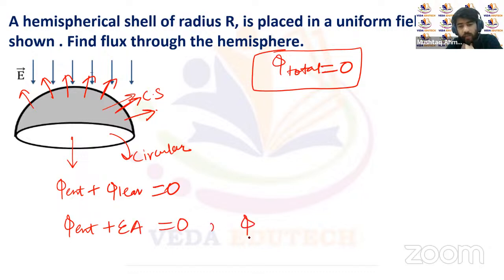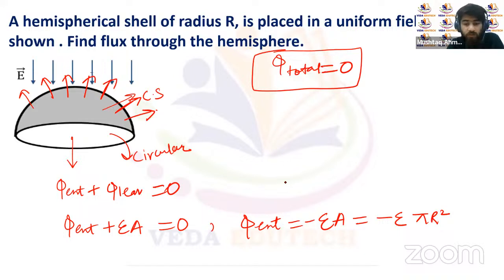So the flux entering the sphere is equal to minus EA, that will be minus E pi r square. The total flux leaving the sphere is EA, but the total flux through the whole sphere has to be equal to zero.